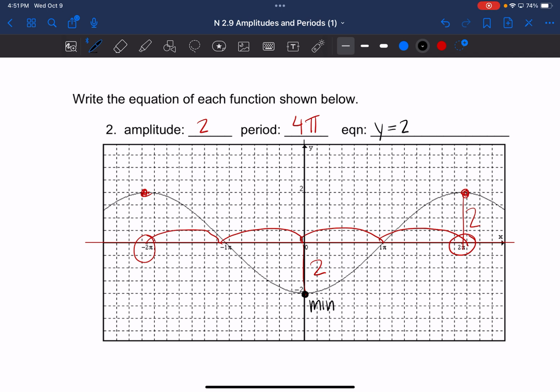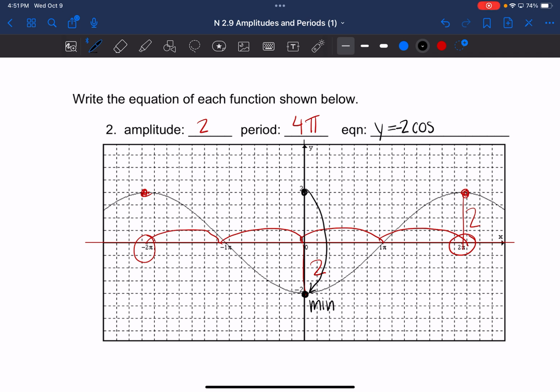So that means it must not be sine, it has to be a cosine graph. However, cosine does normally start at a maximum, which would have been up here, but it appears to have a minimum, meaning my point was reflected down here. And we discussed yesterday that if our points have been reflected, that must mean my function is negative.